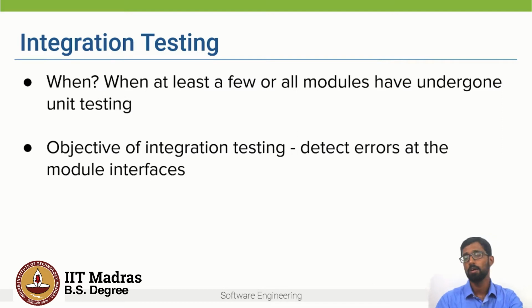So where can the errors possibly occur? Hopefully errors within a module have been fixed because of unit testing. Errors can occur when one module calls another module. Are there errors in parameter passing or in the communication between modules? That can be uncovered using integration testing.